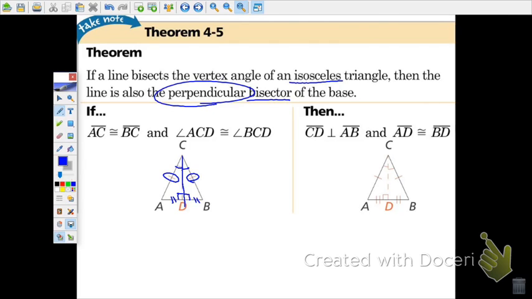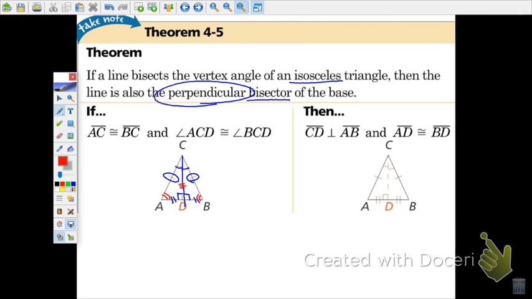So that bisector is actually cutting that isosceles triangle into two congruent triangles. Because if we think about what else we know, because it's an isosceles triangle, if those two sides were congruent, their opposite angles would be congruent. We also have that shared side now going down the center. So I've marked all 6 pieces of those two smaller triangles.